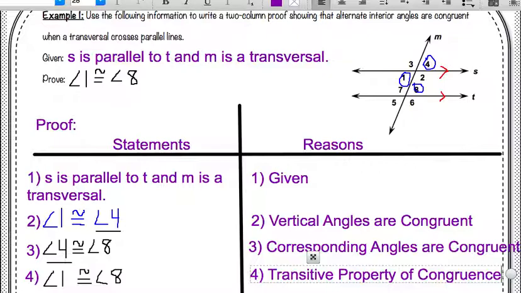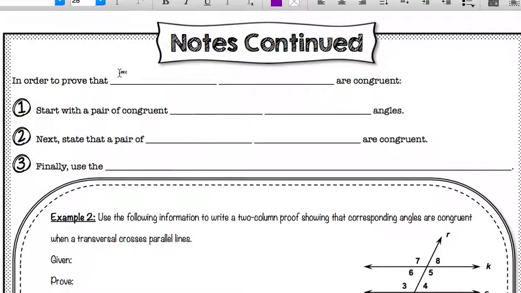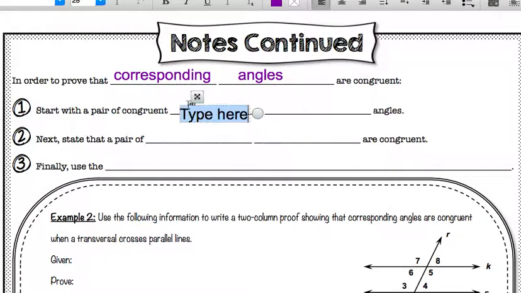All right, we've got one more proof that we're going to look at. In order to prove that corresponding angles are congruent, start with a pair of congruent alternate interior angles.